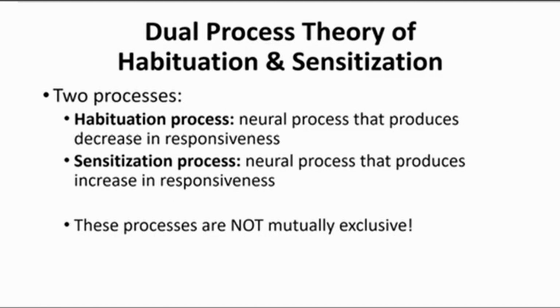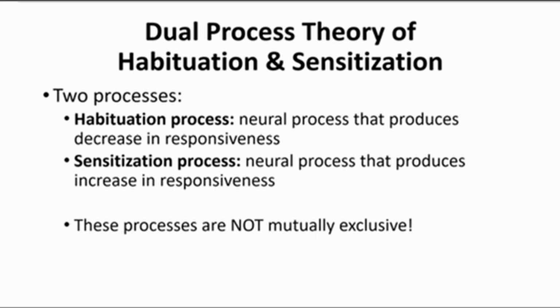And the sensitization process is the neural process that produces an increase in responsiveness. Now, where this starts to get a little bit conceptually complicated is you have to understand that the habituation process doesn't only lead to habituation, and the sensitization process doesn't only lead to sensitization as an effect.